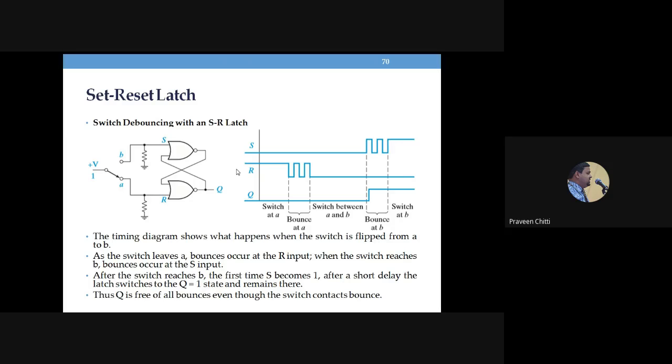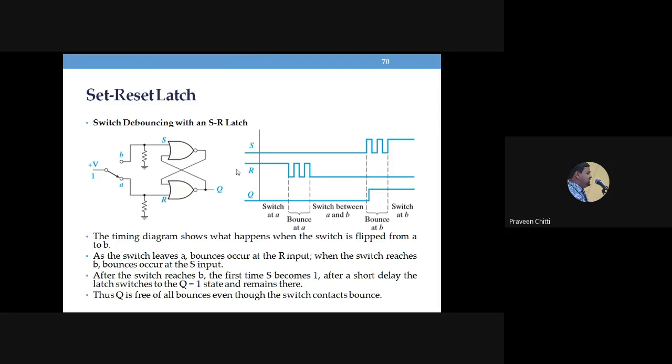The same you have to explain when the switch is connected to position S: the output Q should become 1, and even if the switch closes or opens multiple times, Q should remain 1. That is how the SR latch eliminates the switch debouncing problem.